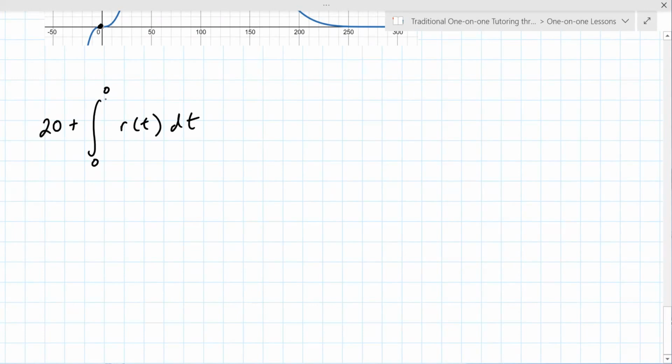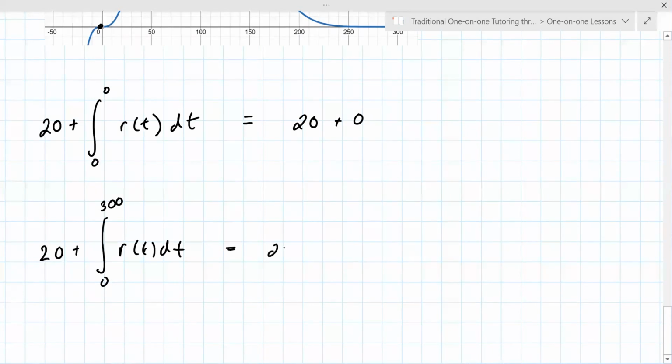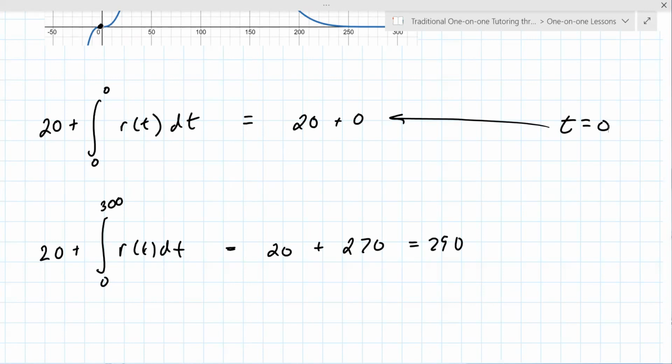Whenever the limits are the same, that's 0. So this becomes 20 plus 0. Then you would do 20 plus the integral from 0 to 300 of r of t dt, which we already did. That was 20 plus 270, which is 290. And then the fewest number of people is right here at the beginning, at t equals 0.